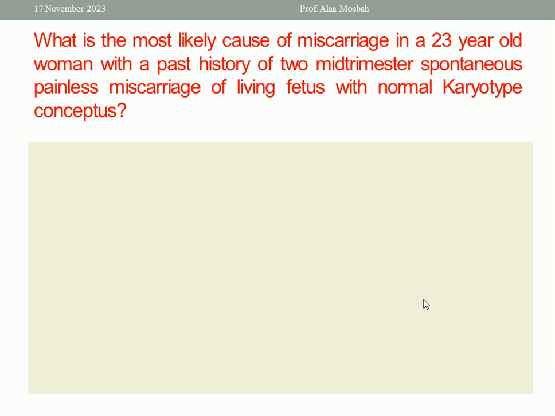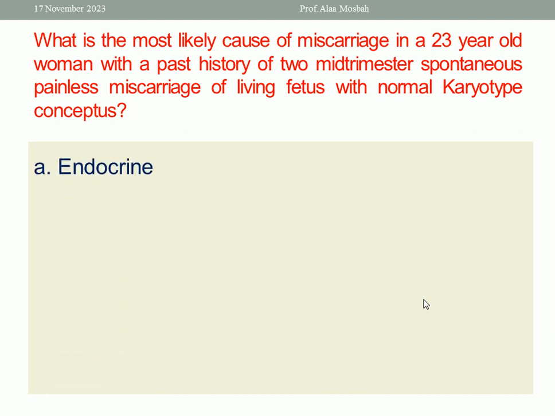What is the most likely cause of miscarriage in a 23-year-old woman with past history of 2 mid-trimester spontaneous painless miscarriage of living fetus with normal karyotype conceptus?